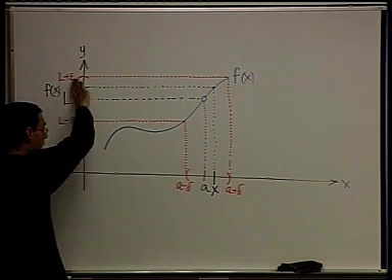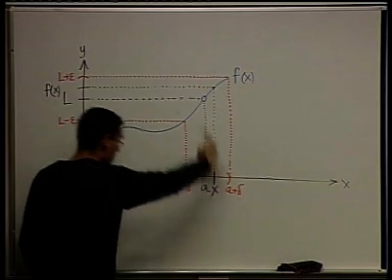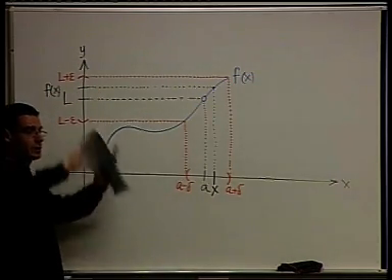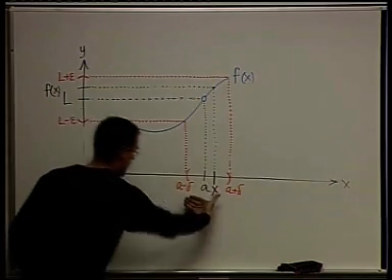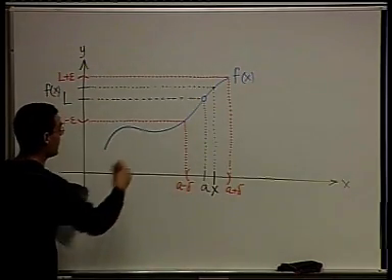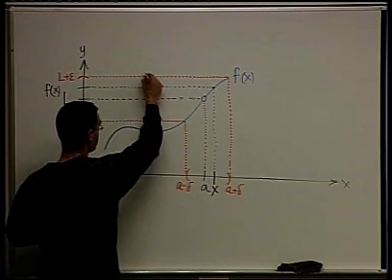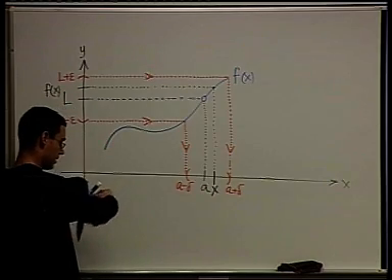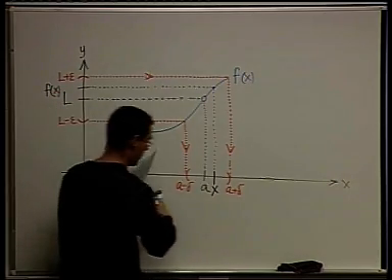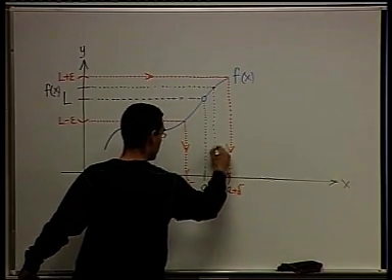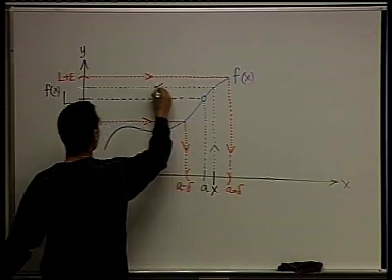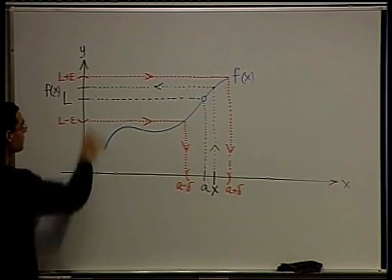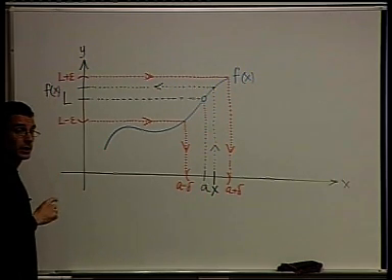Okay? Y-axis, x-axis, y-axis. That's kind of the vague idea. So I kind of went like this, went down, and then said, okay, now you're guaranteed, if you're an x here, going up, you're guaranteed to land in this epsilon neighborhood of L. Okay?